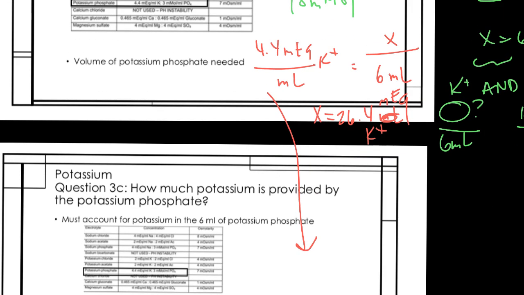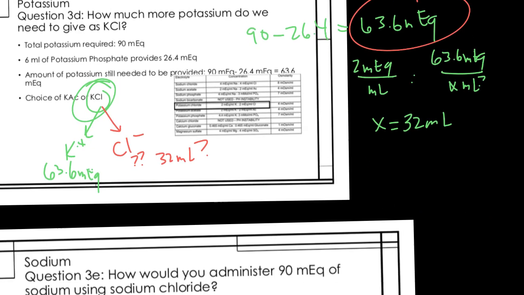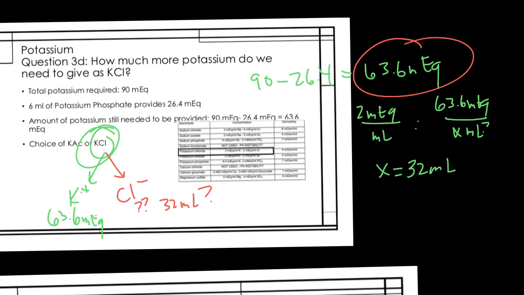You know that in potassium chloride, your concentration is 2 milliequivalents per milliliter. So, same thing. 2 milliequivalents per milliliter is the concentration.